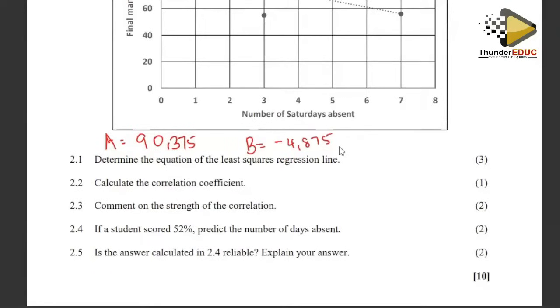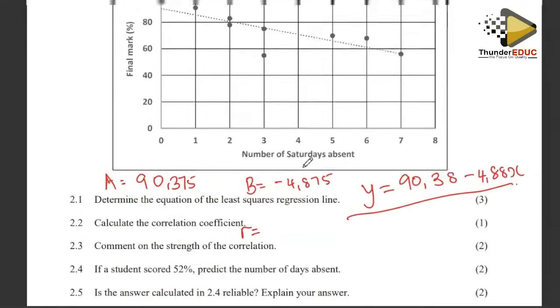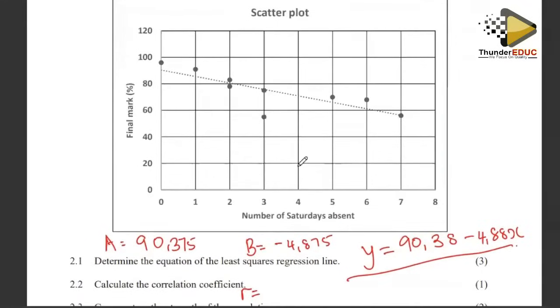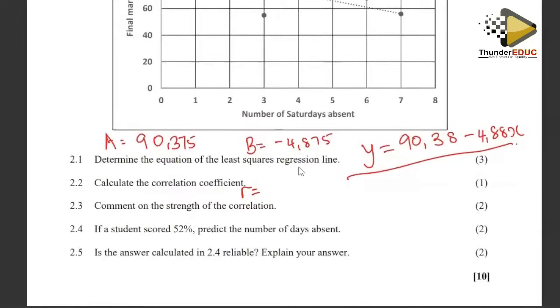But the question wants the equation, meaning that our y should be 90.38, you can round it off to 2 decimals, minus 4.88x. So that is the line that they want. And then for us to get the correlation coefficient, remember this can also be obtained from the calculator. So my correlation is negative 0.8.